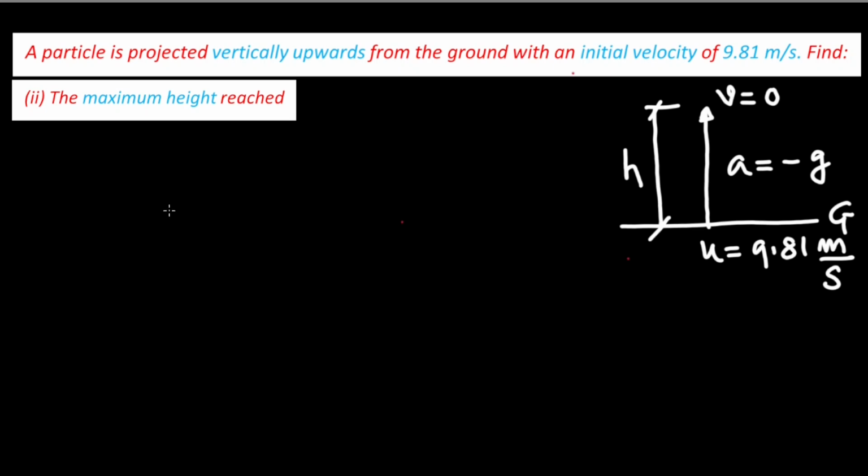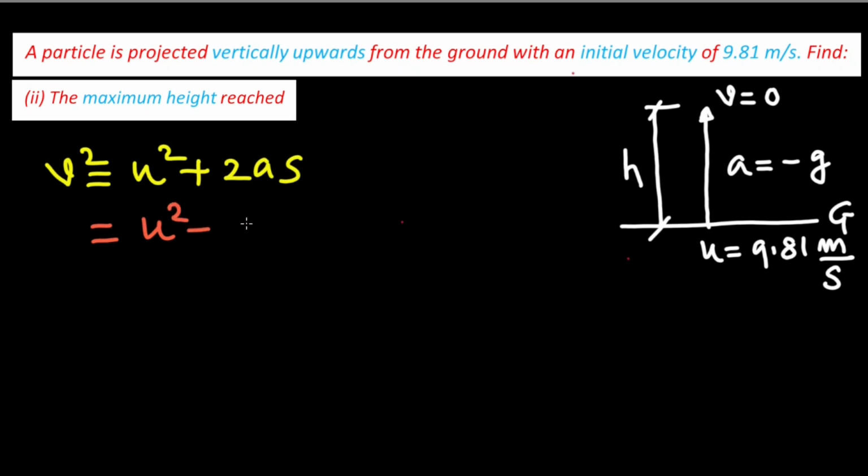So, we have to use the third kinematic equation, which is v squared is equal to u squared plus 2as. That will be u square minus 2gh, replacing this a by acceleration due to gravity g and displacement s by the maximum height reached.